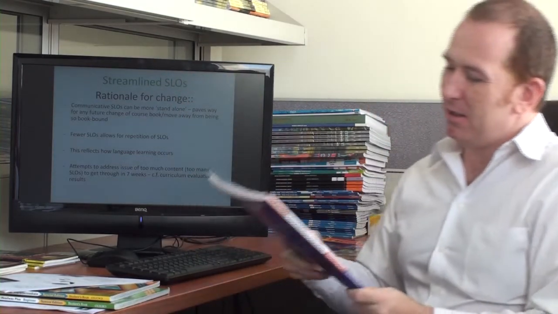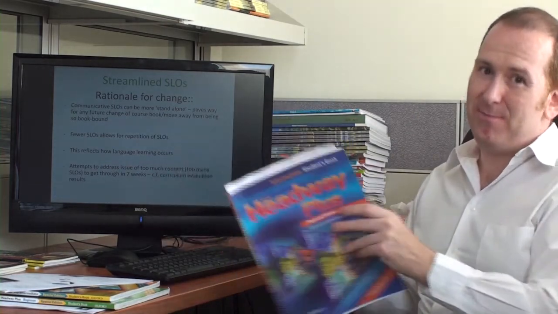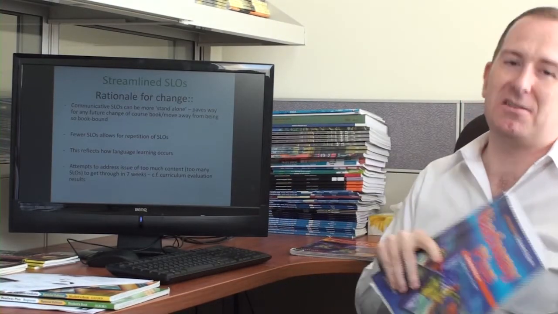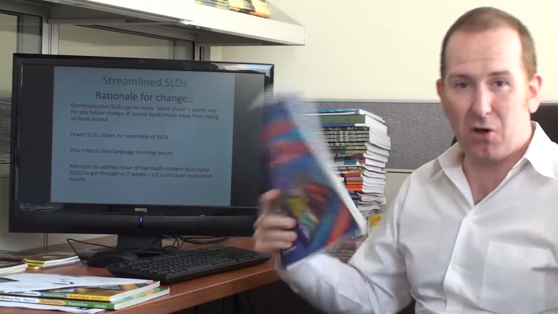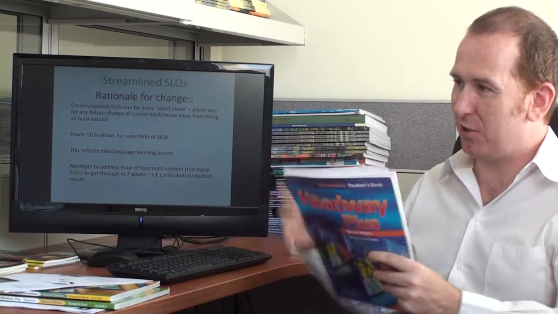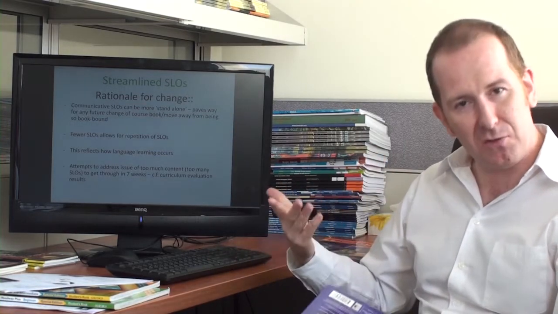So all course books have their pros and cons. They have things that are more relevant to our needs and things that are less relevant to our needs, both in terms of content, in terms of instructional materials, in terms of approach.